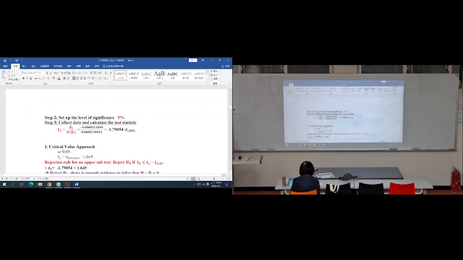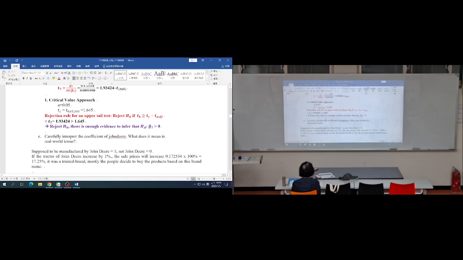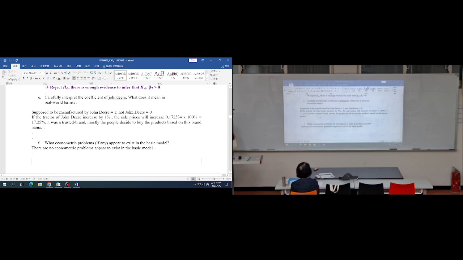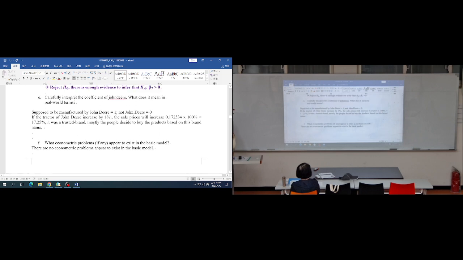Okay, on to the E part. Yes, this one. Sorry. We are supposed to say that if the product is manufactured by John Deere it is 1, or not, it would be 0, and it means the sale rate will increase about 17.25%.